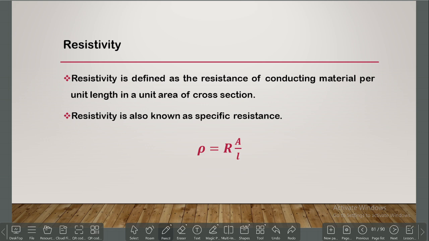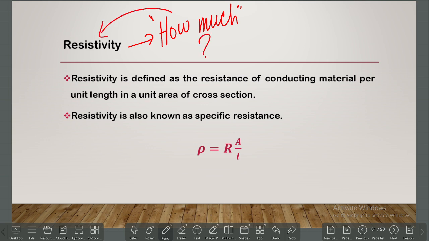Now, what is meant by resistivity? It is a characteristic property of the conducting material. That means we all know resistance is going to oppose, but we need to know how much each conducting material is going to oppose the electric current. That's what we call the resistivity.